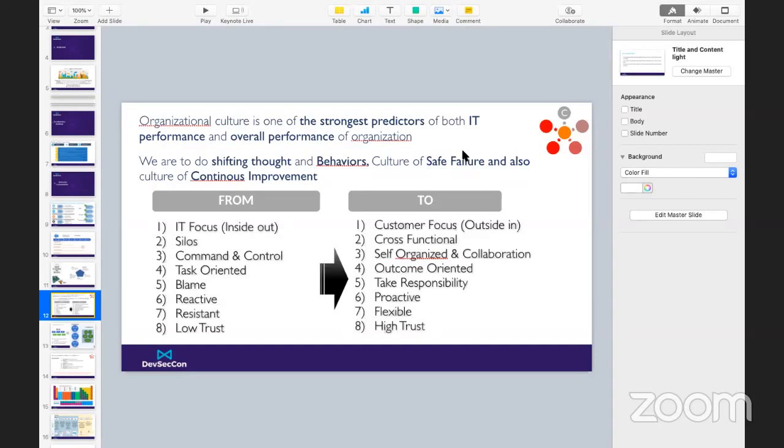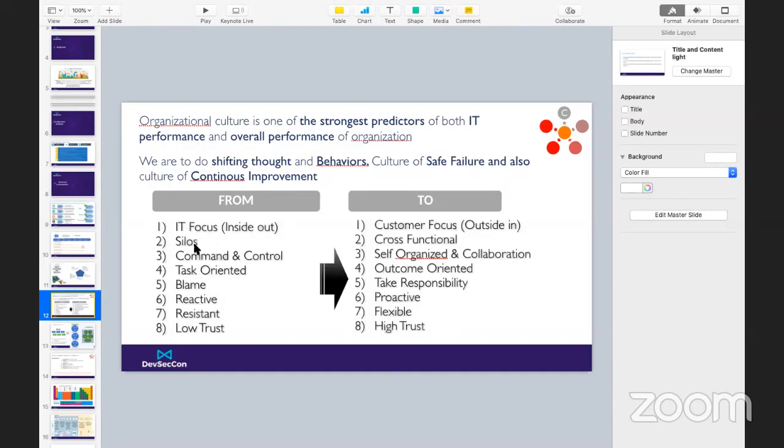So we are struggling to build this kind of culture, but we start it. So we need to move from this into this. If currently you are IT focused, only inside out, you need to think about the customer focus, from outside in.